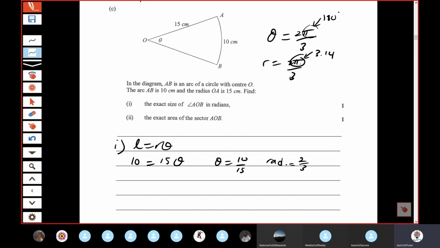I just thought I'd remember to say that. Part two, find the exact area. Area equals half r squared, 15 squared, times theta.